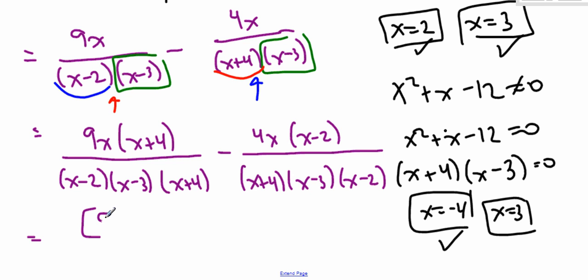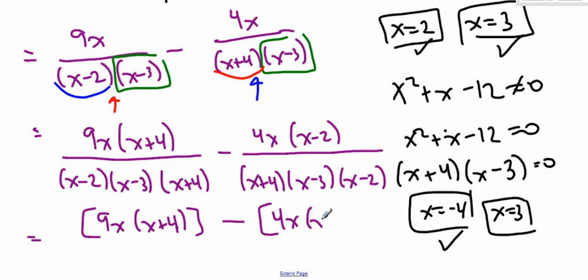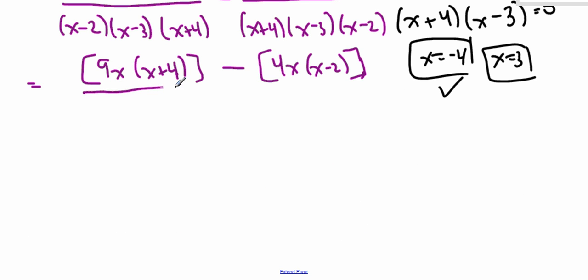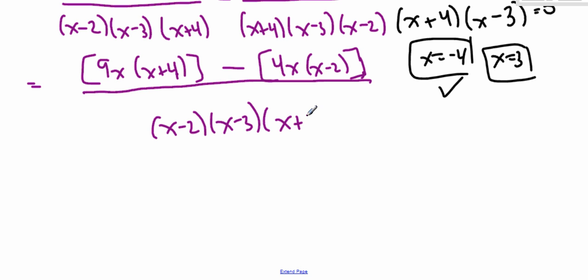So I have 9x times x plus 4, minus 4x times x minus 2. So you'll notice I just put giant brackets around the separate numerators, and that's always a good idea. And then there's my subtraction. And now we can see the common denominator of x minus 2, x minus 3, and x plus 4.